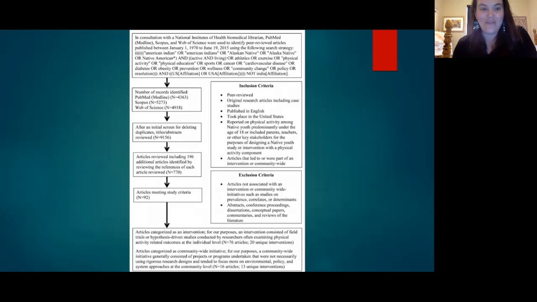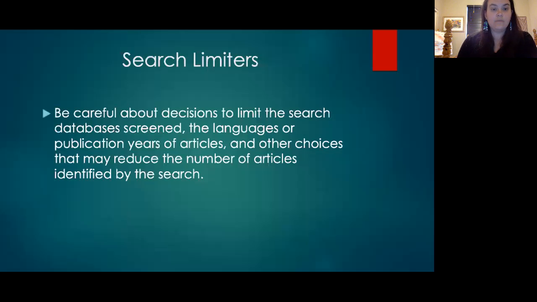So we also looked at references and we found 770. But we then had our inclusion and exclusion criteria and only found 92 from that initial 9,156 that met our standards. So these are numbers you should see in every systematic review and numbers you should present if you write one.